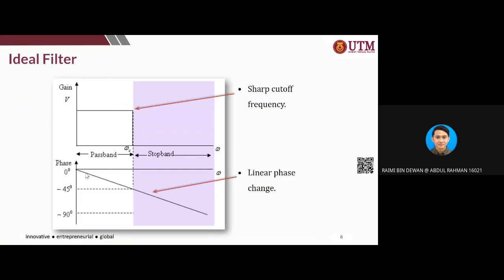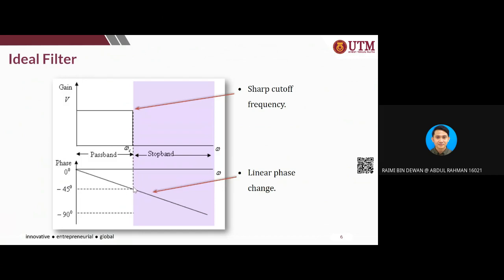We have practical filters, and you can see here this is your gain, and this is your phase versus omega. You can see the linear phase change from zero, from the origin, until omega C, where there is a drop of negative 45 degrees.